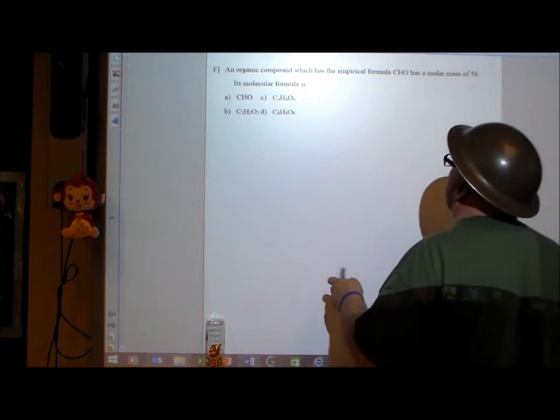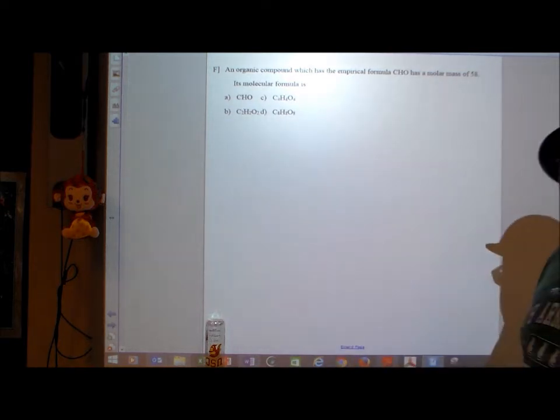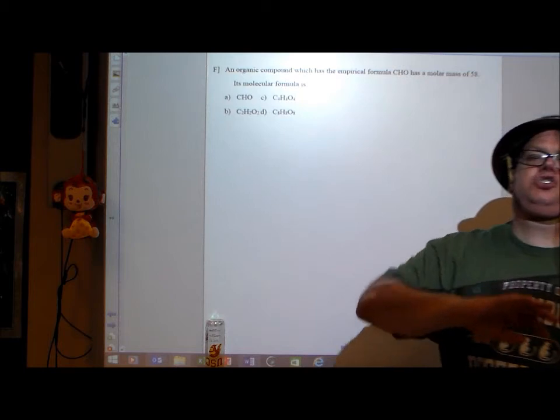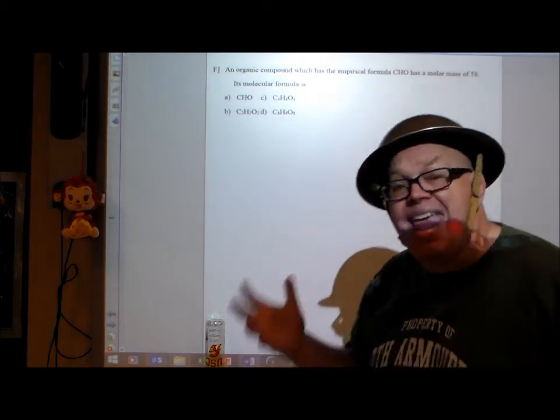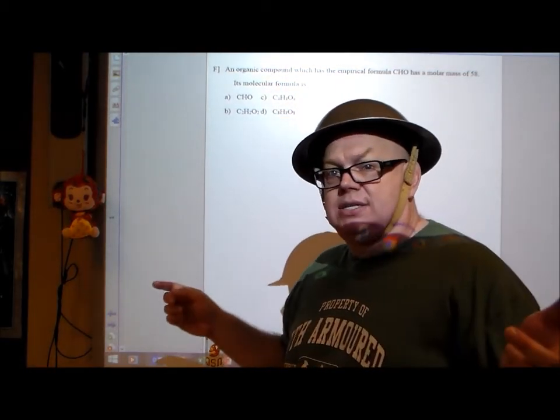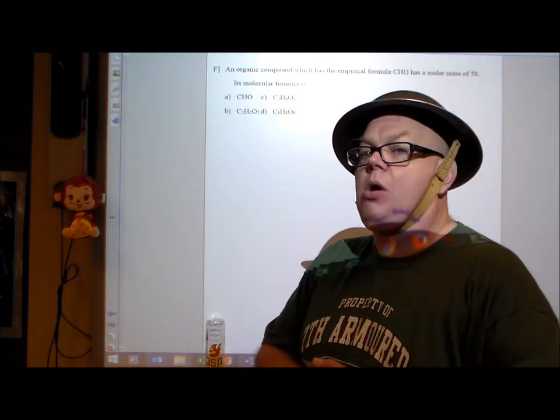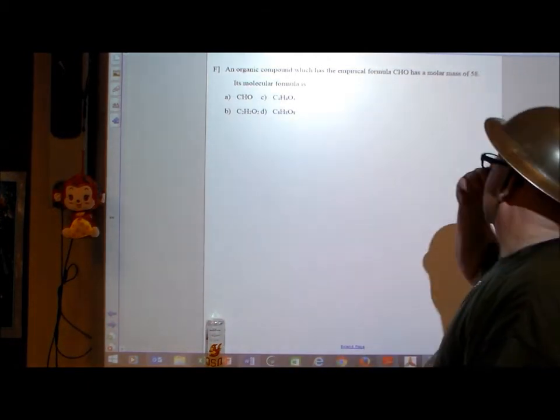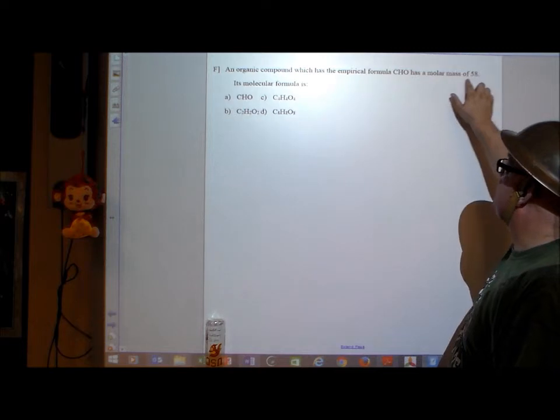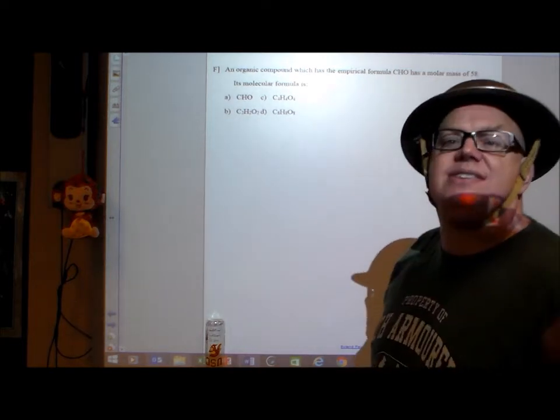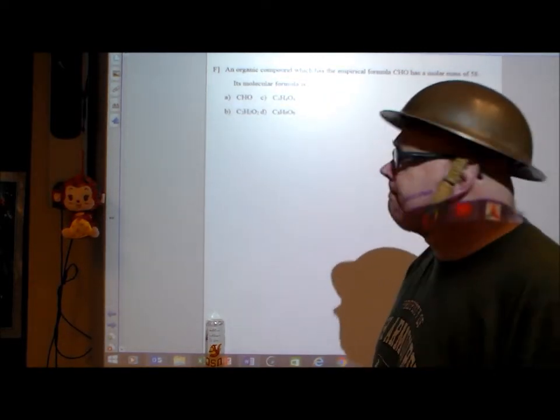That means the formula could be C2H2O2, it could be C3H3O3, it could be C8H8O8. But we don't know. But they did give us something. They said it has a molar mass of 58. Now remember, a molar mass is grams per mole, right?